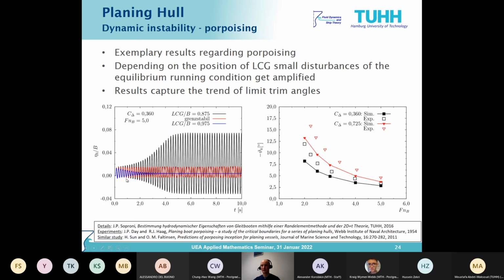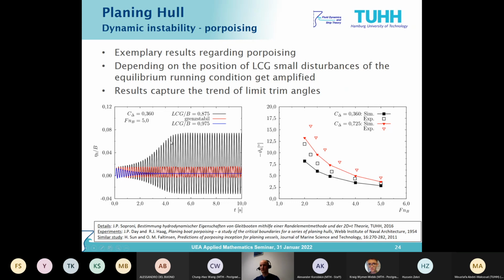What we did here is that the center of gravity was systematically varied, and we looked at whether an initial oscillation would decline, then it's a stable case, or if it stays the same, then it's exactly the critical value, which can be plotted in such a plot of a Froude number, for example.